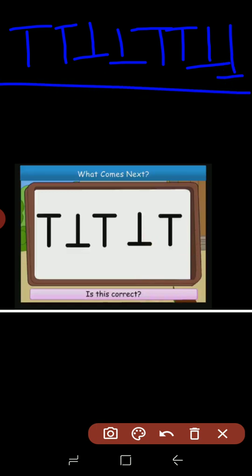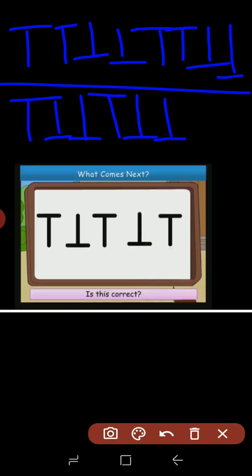Okay, this is one pattern. Then you can also do one T, two Ts downwards, then one T upward, then again two Ts downward, then again one T upward, then two Ts downwards. In this way you can make another pattern also. Okay, understood? If you have any problem regarding these patterns, you can ask me.